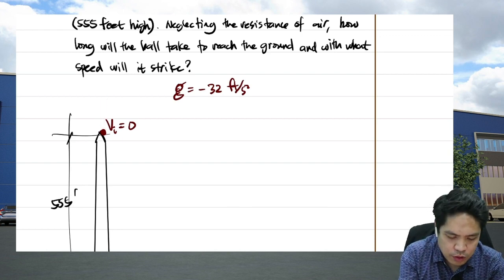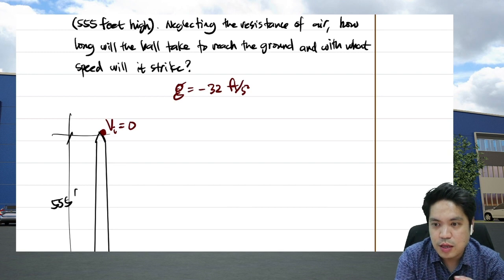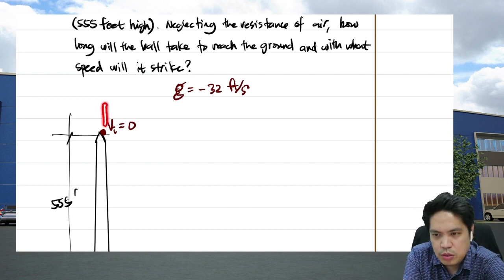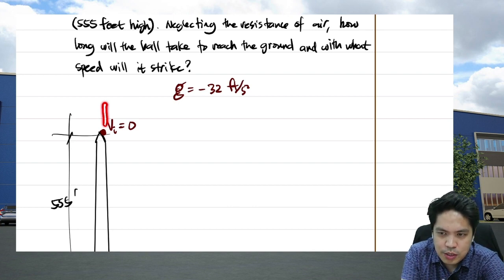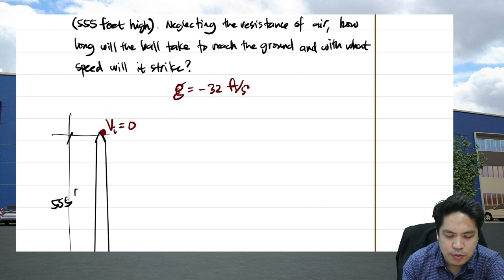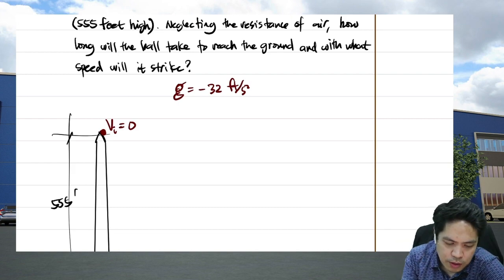Iba din kasi if we throw that downward, so we'll use a negative velocity for that. So the intention is we throw that, or our assumption is that the ball is thrown upward, but since the drop lang siya, so there's no velocity upward. There's no initial velocity na upward.